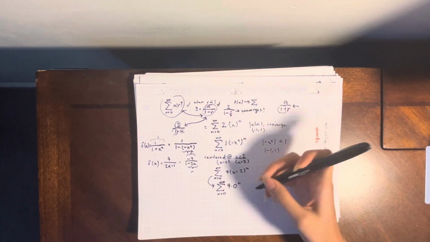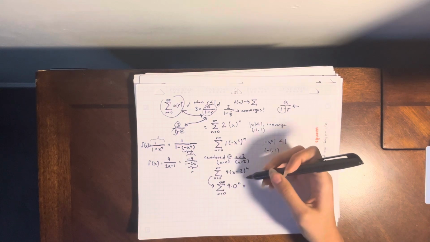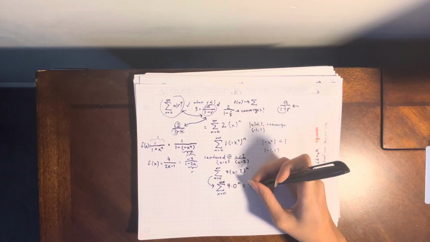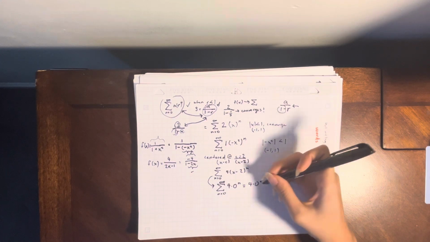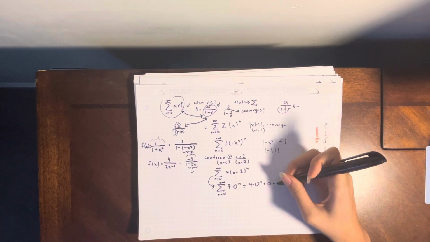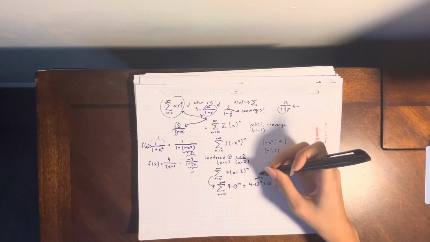If we rewrite that as our first, second, third, fourth terms in the series, our first term is going to be 4 times 0 to the 0, and then we'll add on all our other terms. 0 to the power of 0 is equal to 1.